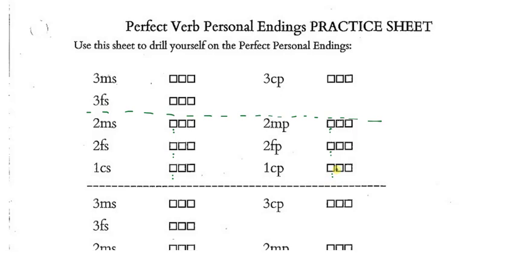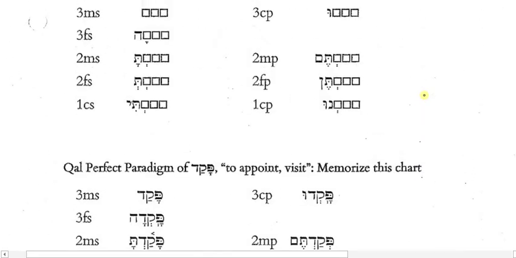Everything below third person, silent shava, because the endings are consonantal endings. Over here, you'll never see a shava under root 3, because you've got vocalic endings that steal root 3 away from closing the syllable that it was closing before. And we're going to see how that actually looks as we look at the real forms of Pekad.